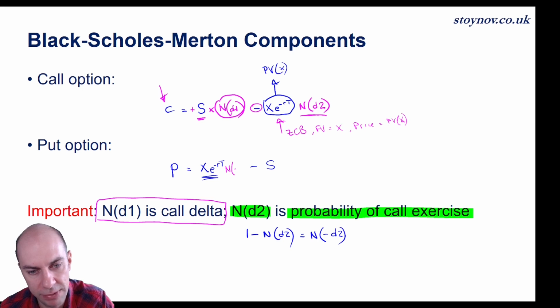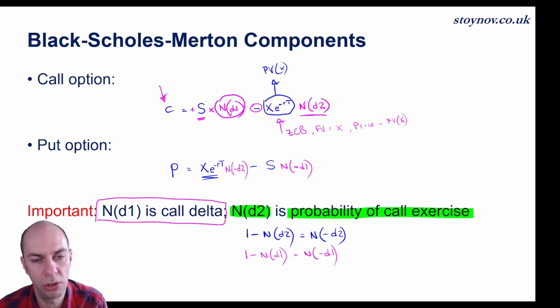So I'm going to be multiplying here by N minus D2. And then again, I need to take the delta and apply it to the stock. Here I'm going to be applying N minus D1. And as you can imagine, 1 minus ND1 is N of minus D1.